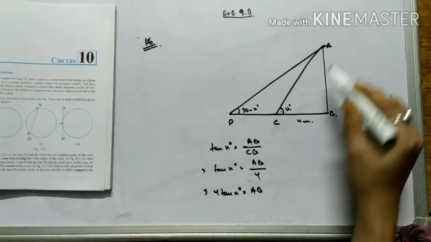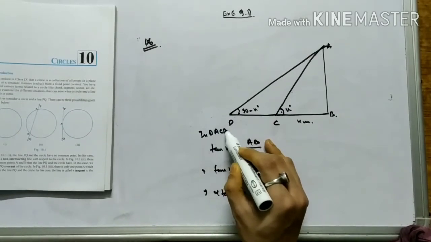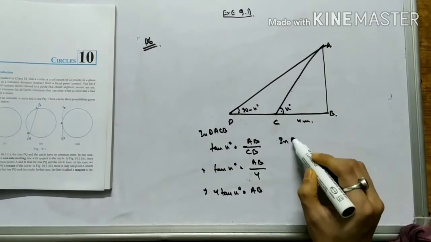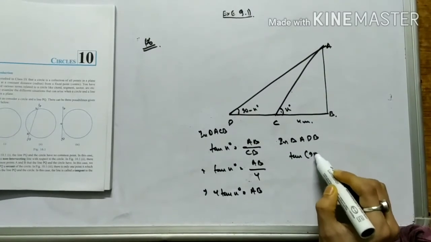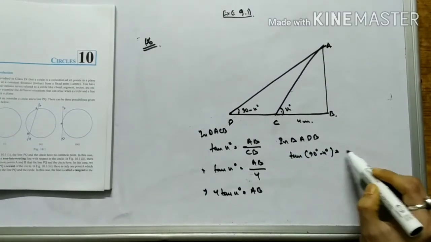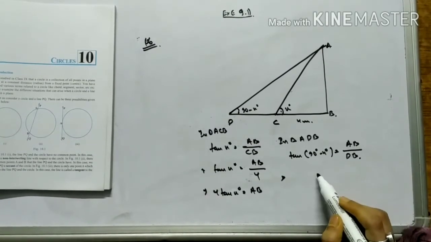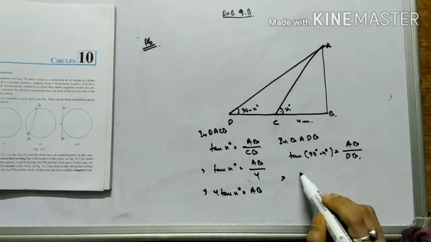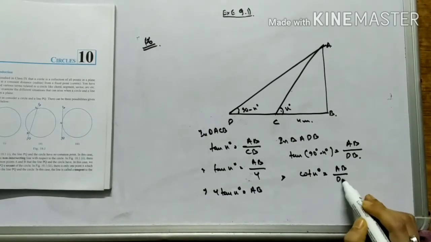Now again in triangle ADB, tan of 90 minus x degree will be equal to AB by DB. So tan of 90 minus x is cot x, equal to AB by DB.